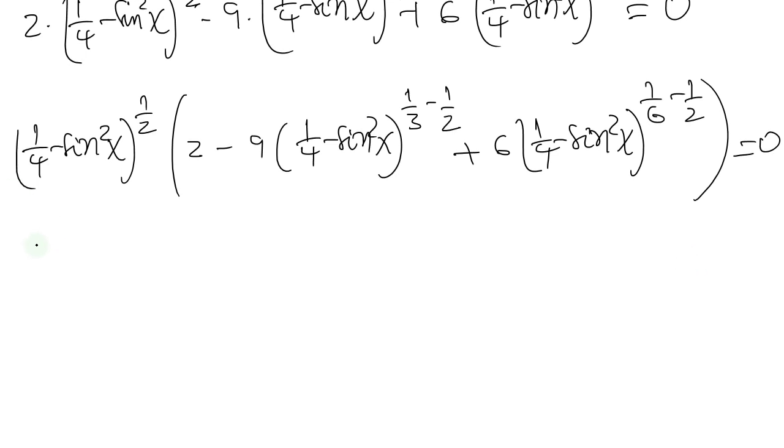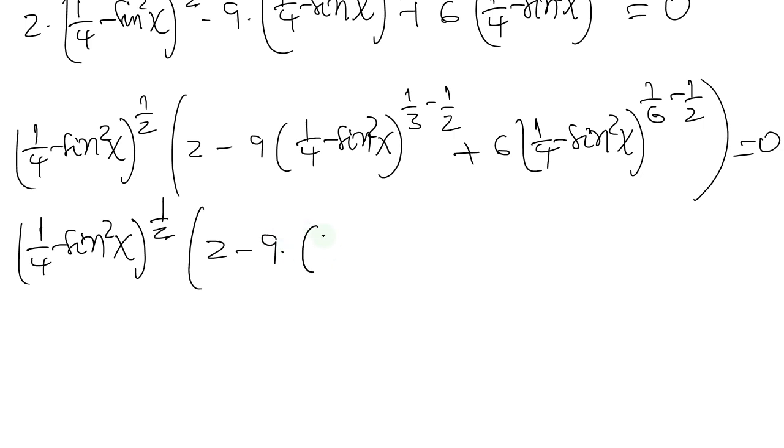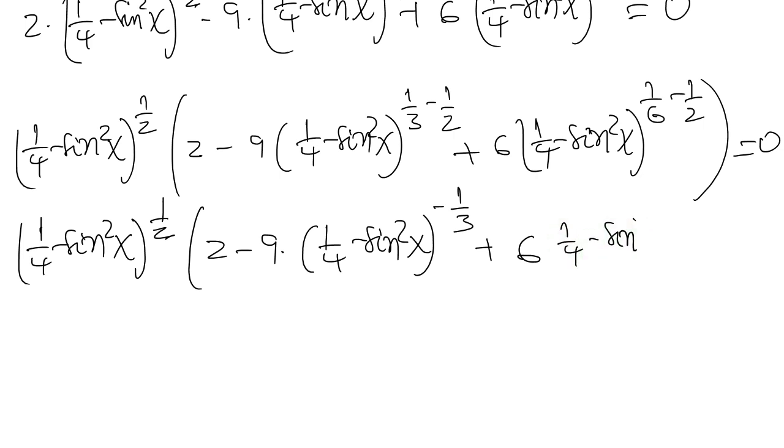As you can see, I have 1 over 4 minus sine square x to the power of 1/2 multiplying 2 minus 9 times 1 over 4 minus sine square x, with exponent 1/2 minus 1/3 minus 1/2, which is minus 1/3, and then plus 6 times 1 over 4 minus sine square x.